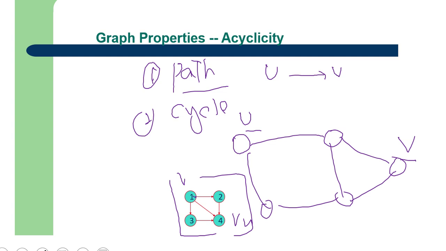If I want to move from vertex V2 to vertex V3, there is no path from vertex V2 to vertex V3. For example, if I move from vertex V2 to vertex V4, after reaching vertex V4 there is no path to vertex V3. So in this case, there is no path between vertex V2 and vertex V3.